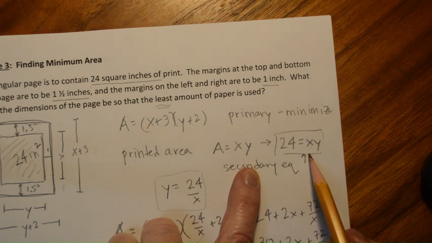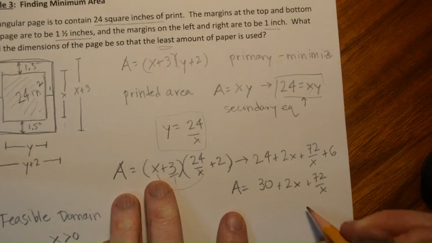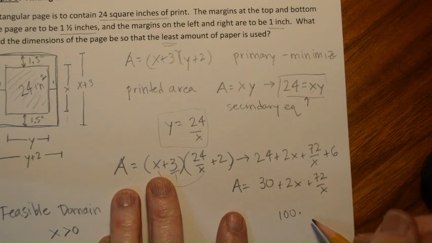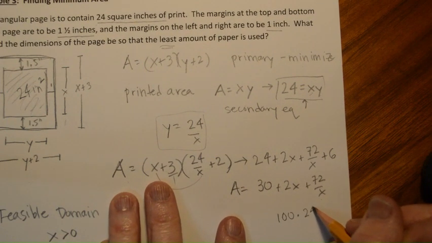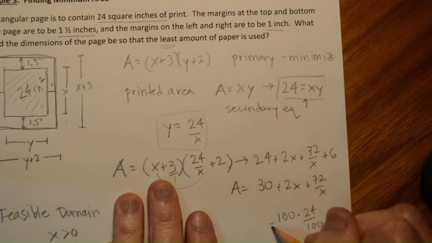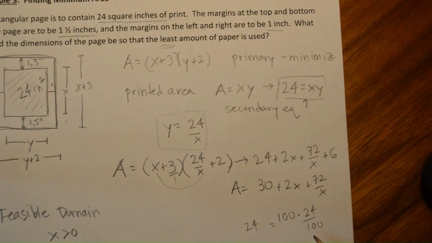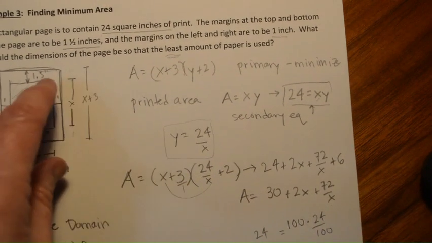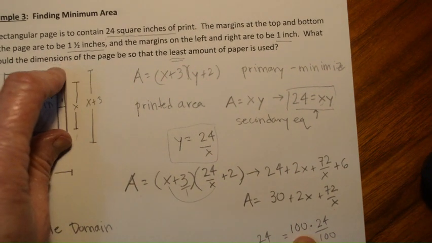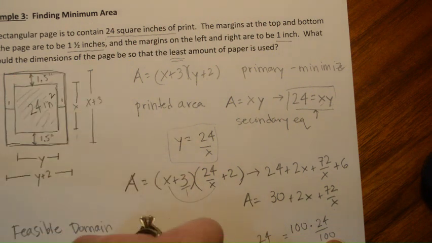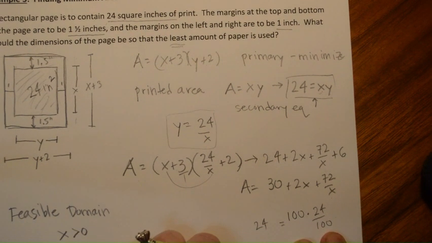We know we can't have it be negative. But really, there's no reason why we couldn't say x is 100. All right, so let me just write that down here. If x is 100, then y would be 24 over 100. And we would still get 24. It would be weird to have a page where the print was 100 inches tall, and the width of the print was 24 hundredths, but mathematically there's no reason why we couldn't do that.